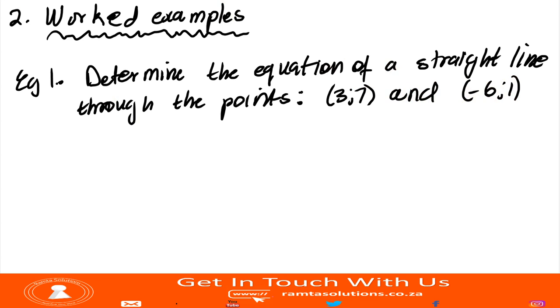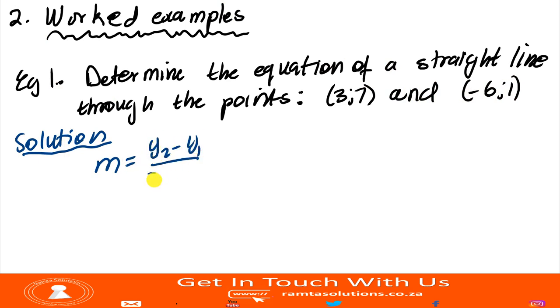First thing first, in our solution, we must find the gradient. You remember gradient is y2 minus y1 all over x2 minus x1. If I call this 1.2 and I call this 1.1, it'll be 1 minus 7, then it'll be -6 minus 3.